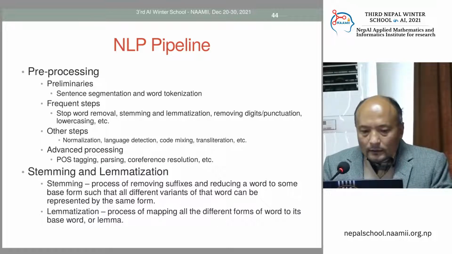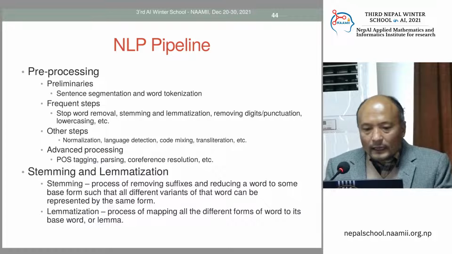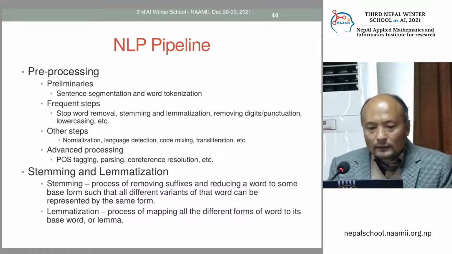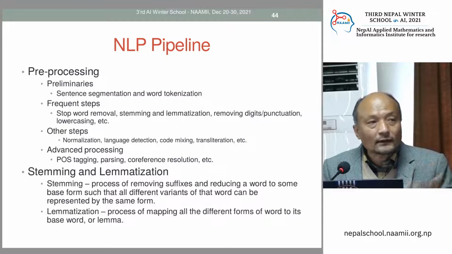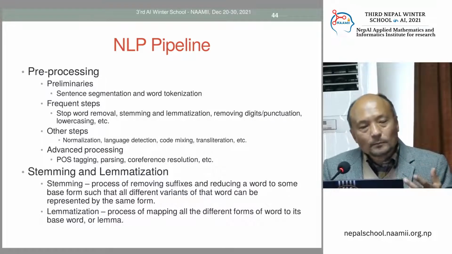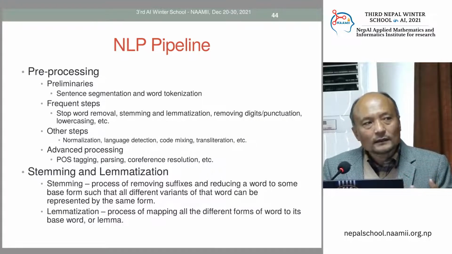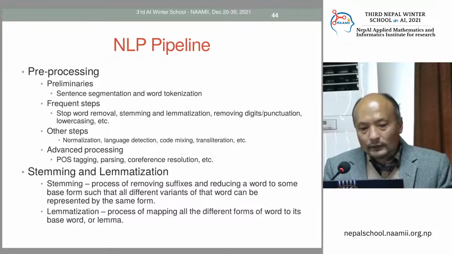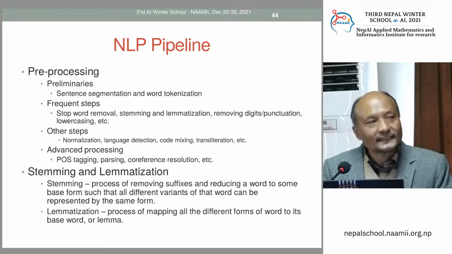Then we have this advanced processing, which involves parts of speech tagging. Earlier I was giving you an example of parsing, right? And parts of speech tagging is the core of parsing. Without the parts of speech tagging information, you wouldn't be able to conduct the syntactic analysis and parsing.